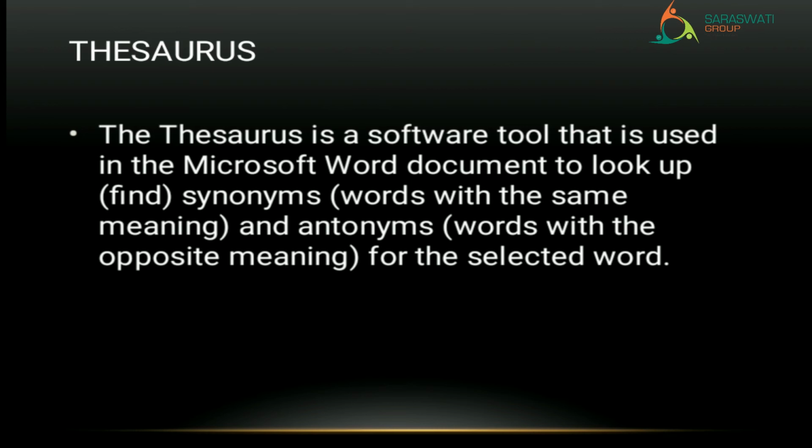But understand that if you want to find out the synonyms and the antonyms from the document, you can use this tool or software, that is Thesaurus, right, which will give you the quick result. So we don't have to read that paragraph again and again to find out the synonyms and antonyms, right? Say for example, in one paragraph you have written one statement that this is a beautiful day, right?